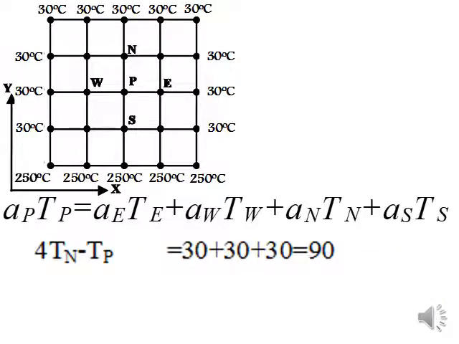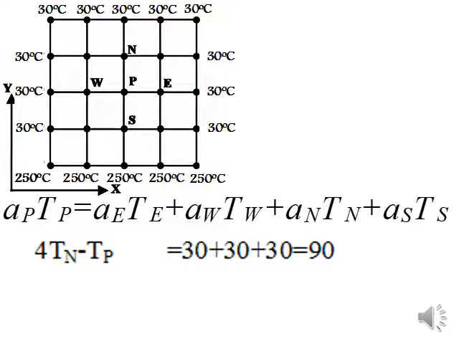Therefore, if you substitute, now concentrate on the temperature Tn, it's the point of interest, so that it will be prepared by a coefficient of 4, so that it will be equal to the summation of other 4 points, and then they will be divided by 4.